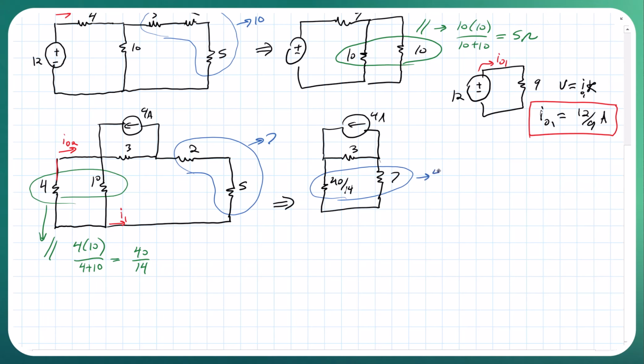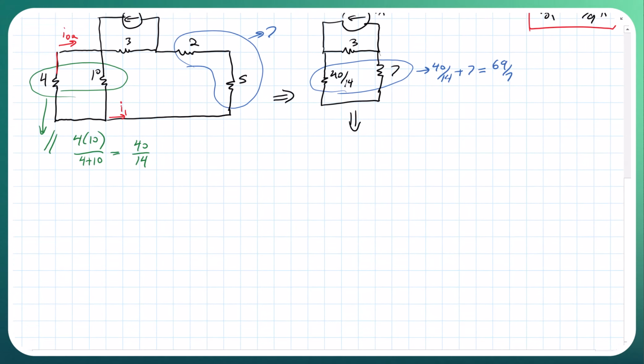So 40 over 14 plus 7, and we keep it in fraction format, we can get 69 over 7, and then we redraw this again to get a better visualization.